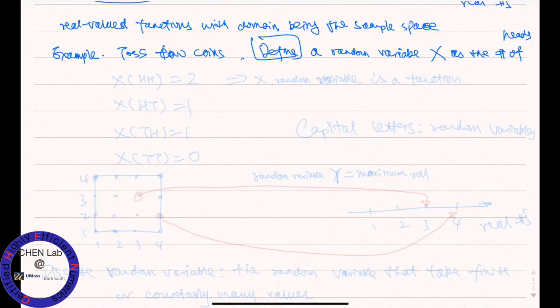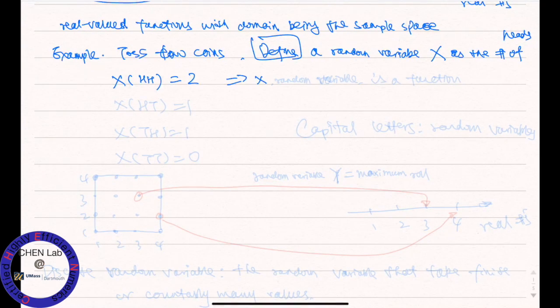What this does is that it maps the sample point HH to 2. In that sense, the random variable is a function.